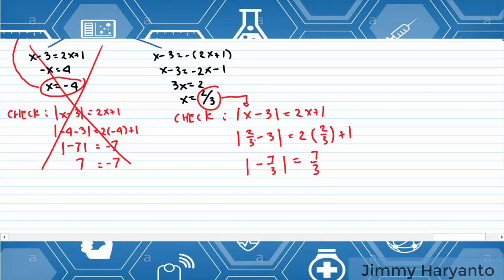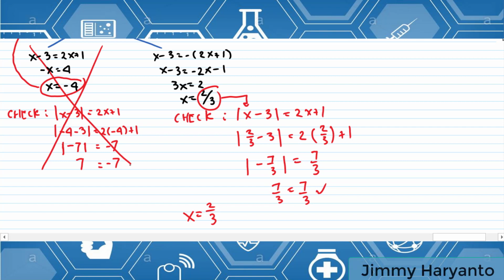So the absolute value of negative 7 over 3 is 7 over 3, equals 7 over 3. Yes, this is the same. So 2 over 3 is satisfied. The result will be x equals 2 over 3 only. Negative 4 doesn't count. Okay, this is for example 1.